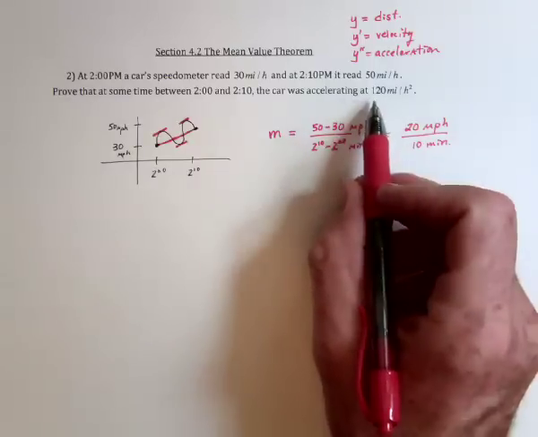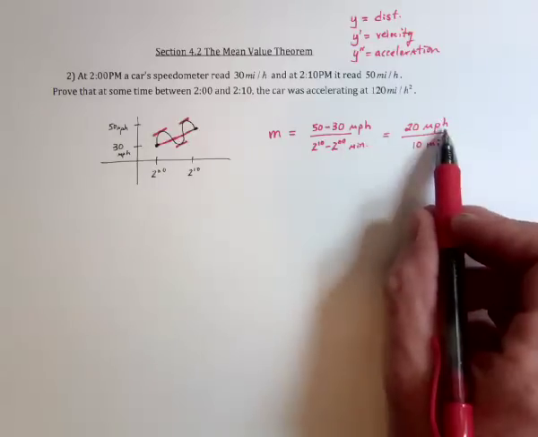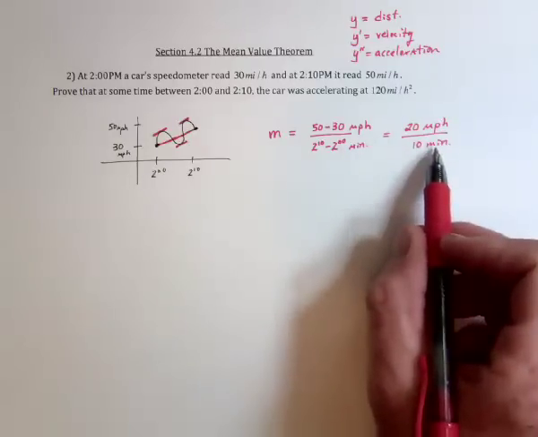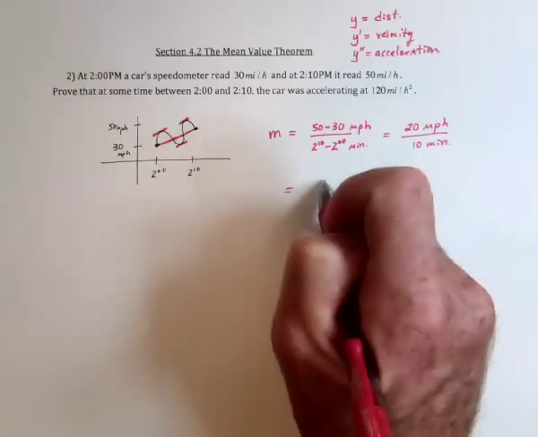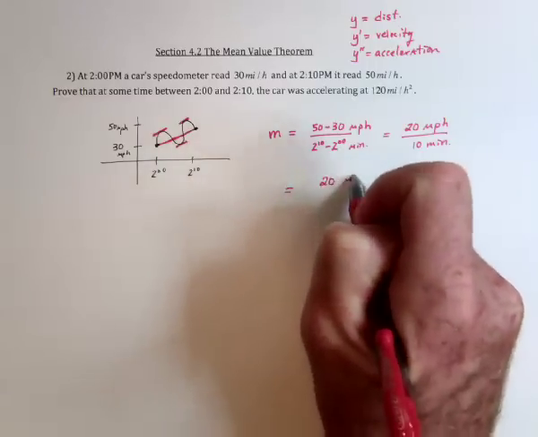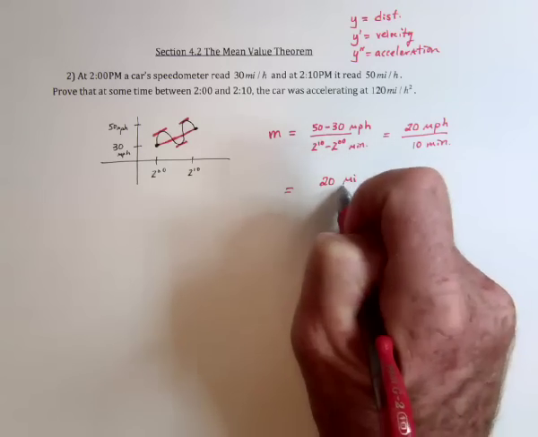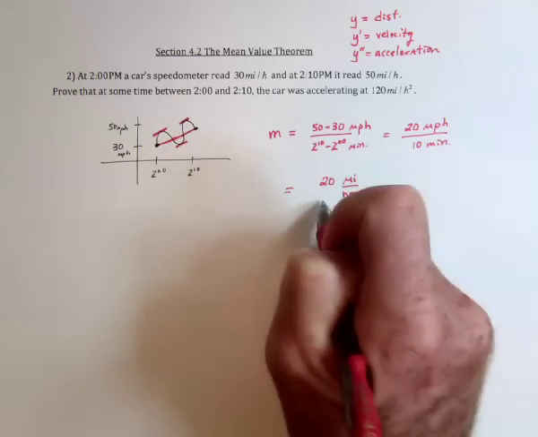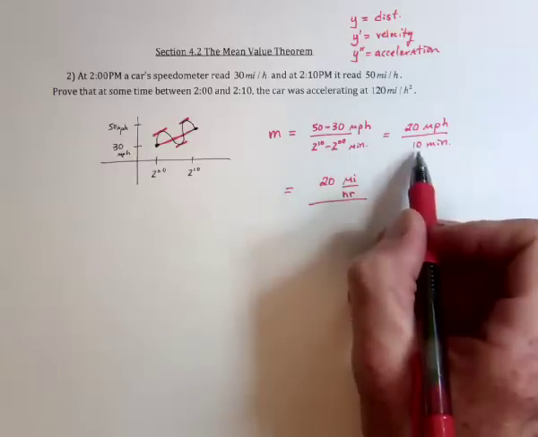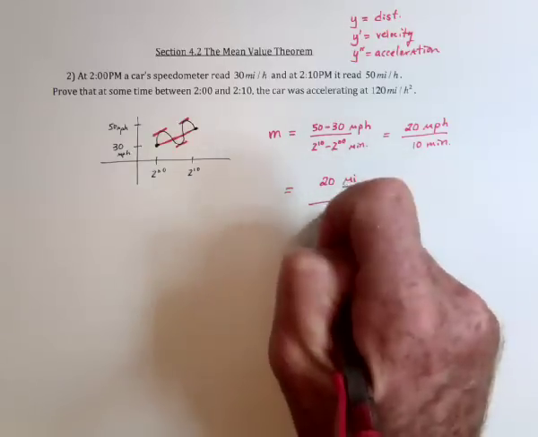Now, how do we get 120 out of that? Well, this is in hours, and this needs to be changed to hours. So we've got 20 miles per hour, which is being divided by 10 minutes, is 1/6 of an hour.